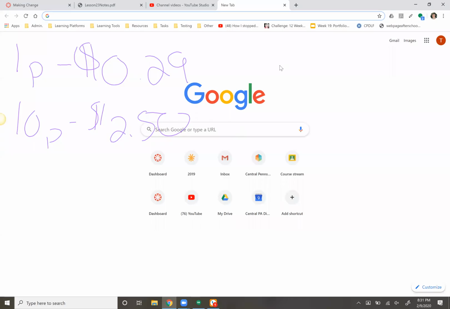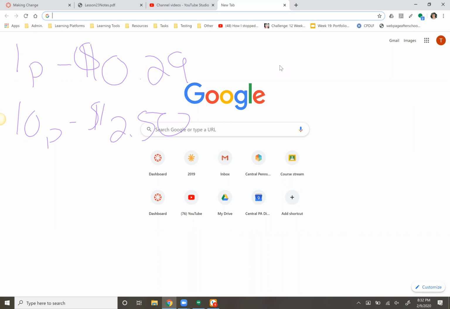All right, so we have to figure out if it's a better deal to get 1 pencil for 29 cents or 10 pencils for $2.50. So we have to figure out how much 1 pencil costs in that bundle of 10.